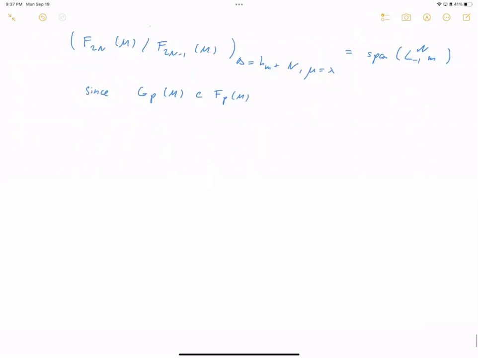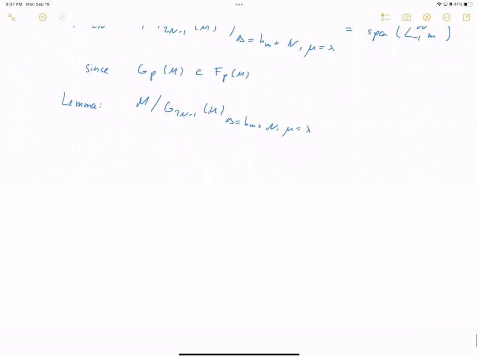So the lemma one has to prove, which is nothing but a combinatorial statement, is that our M modulo G to n minus 1 M, at this conformal weight and at this Heisenberg weight, is spanned by three vectors.